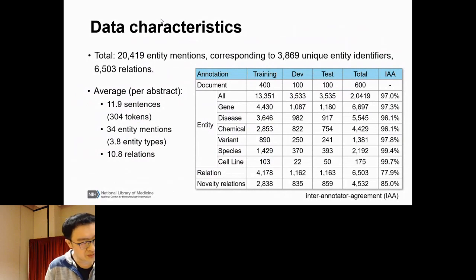The table shows the number of relations and entities in each set. The average document contains about 12 sentences with an average of 34 entity mentions and about 12 relations per document.